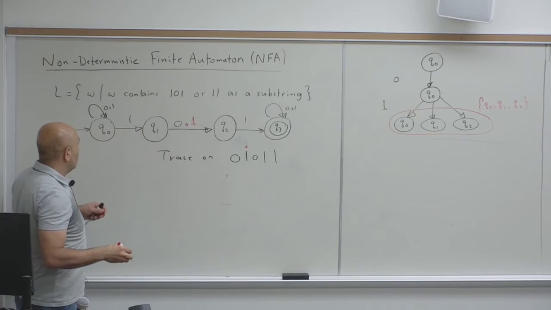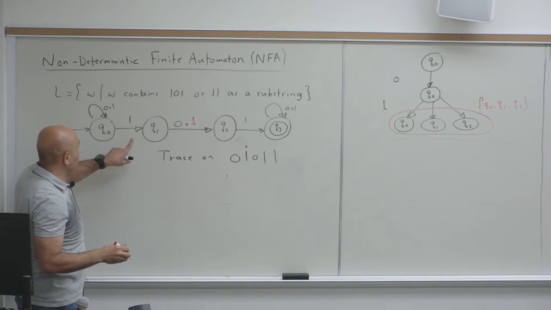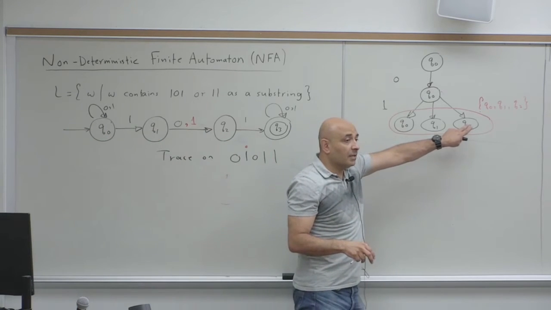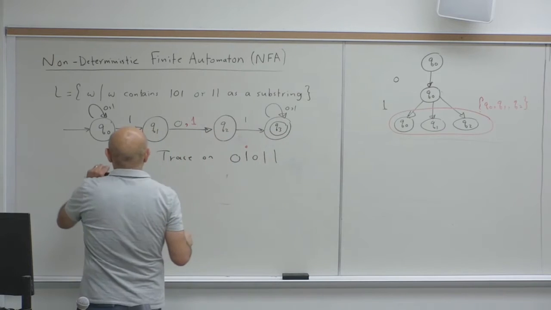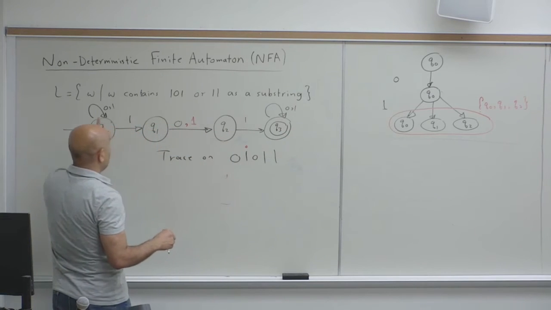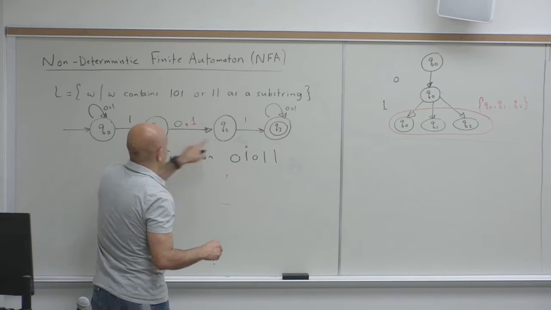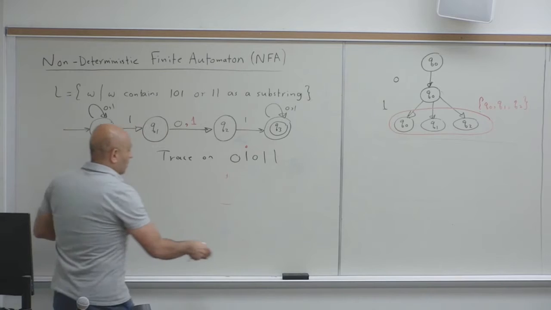Yeah, in this case I will have to remove the Q2, because there is no way of getting from Q0 to Q2 with only one 1. You will need two 1s to get from Q0 to Q2. Okay?